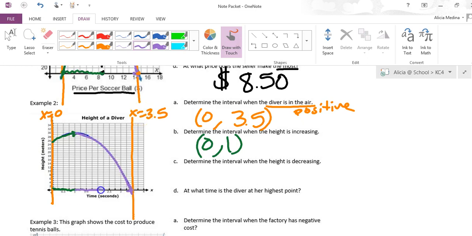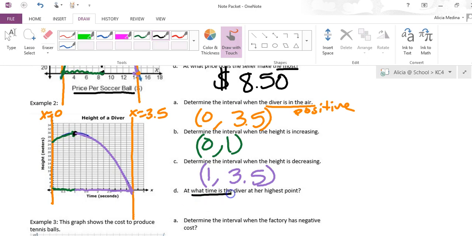Again, we use those x values, so that's going to be from 1 until 3.5. And what time is the diver at her highest point? The highest point is going to be where that switch happens from positive to negative. But if it's asking you the time, this is our x-axis. It's not asking you what her highest point is. Her highest point occurs at 1 second.